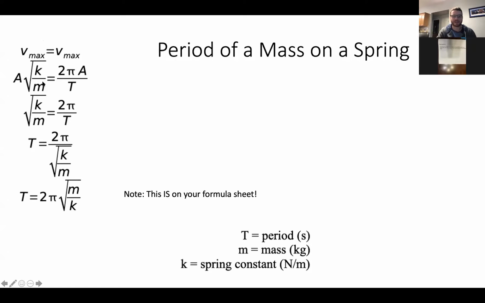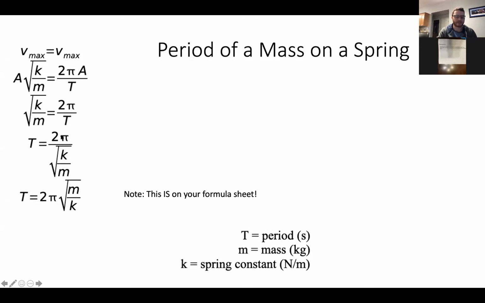Now, if the period is the same and the amplitude is the same, then we can substitute in our circular motion formula for velocity, so 2 pi times the amplitude over T. If we simplify that, we can cancel a because it's on both sides. And we're trying to find the period of a mass on a spring, so we'll multiply both sides by T and then divide by the square root of k over m to isolate for T.